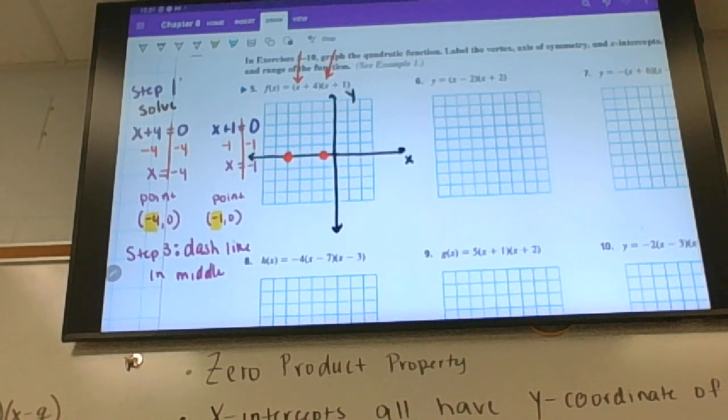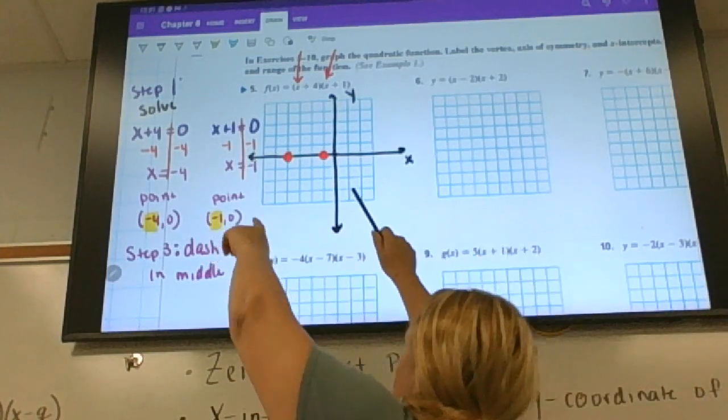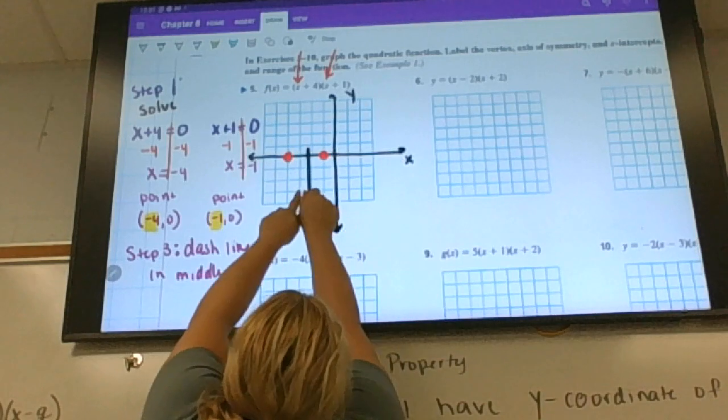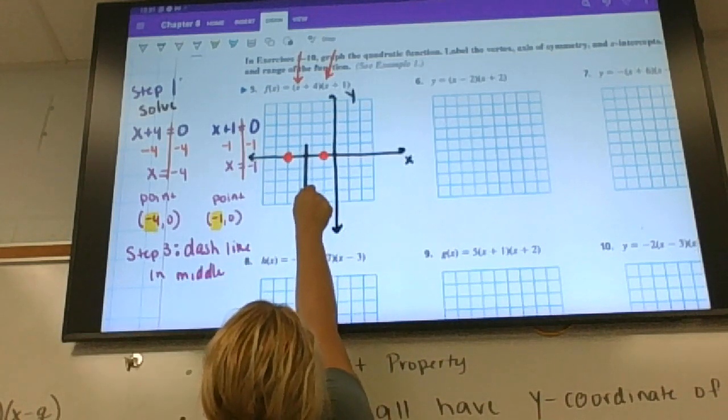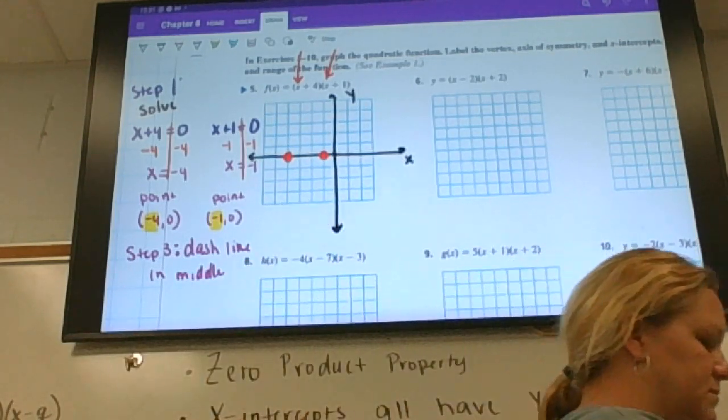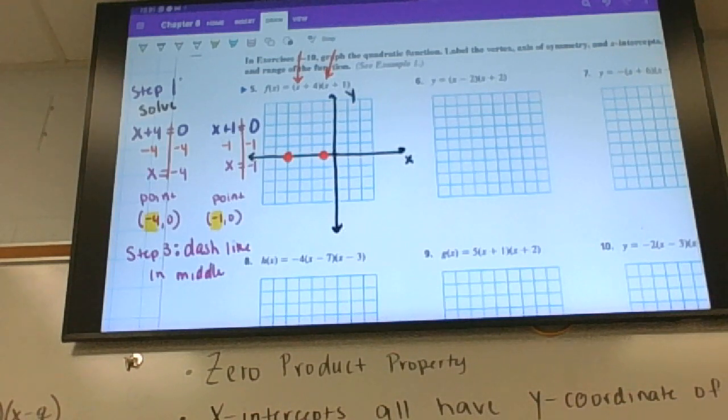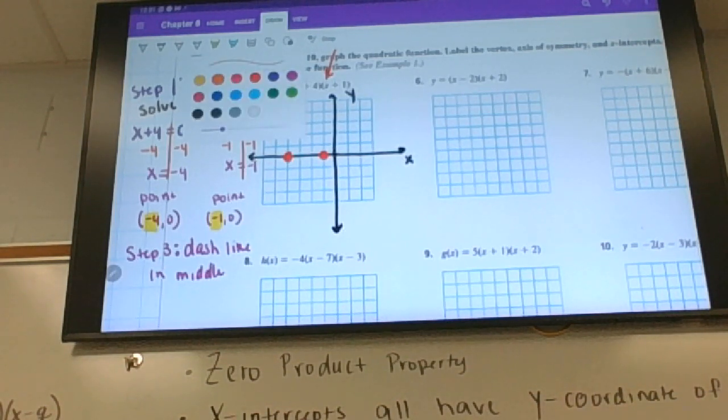Tristan, you found the middle? What do you think it is? It's annoying it's not right on the blue line. So I'm going to count in here, and it's going to be right in the middle here. -4 and -1, right?